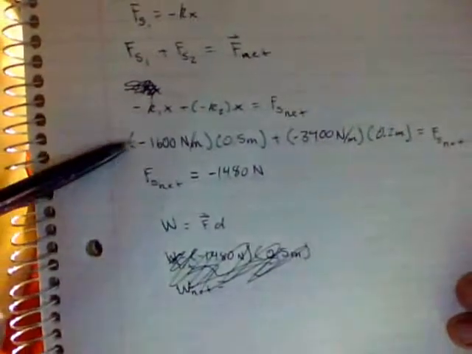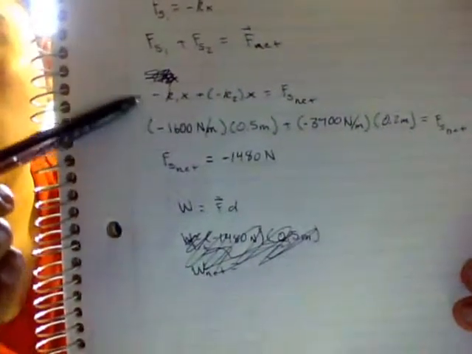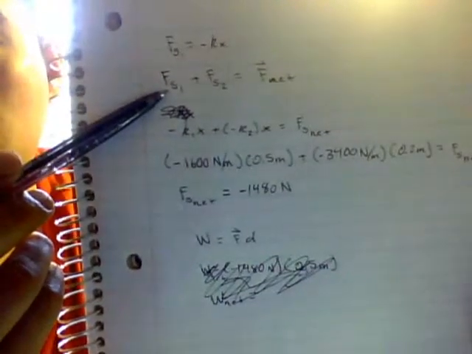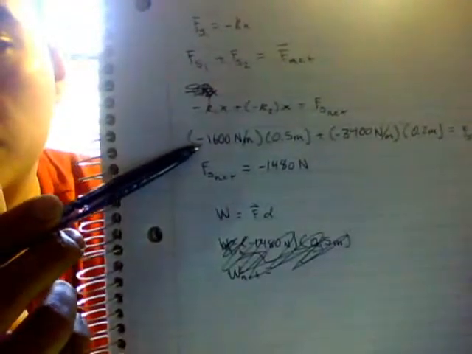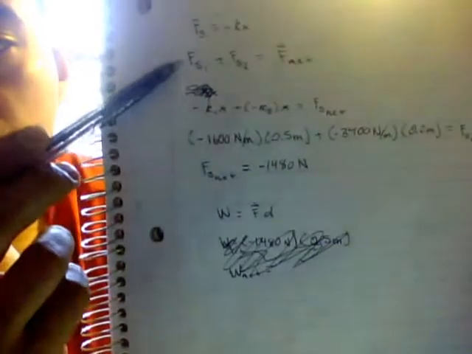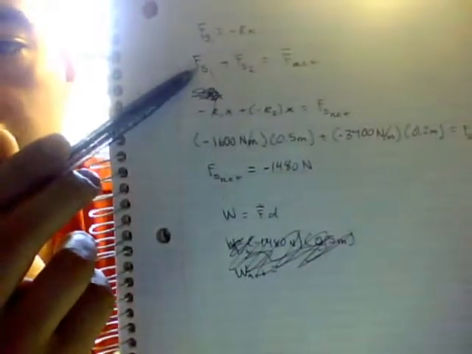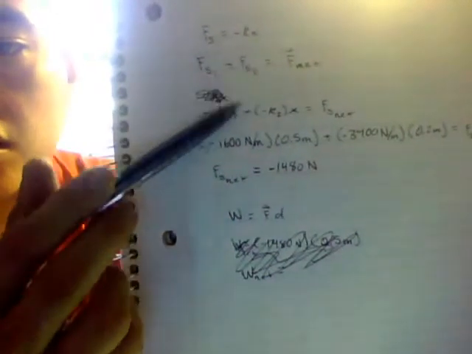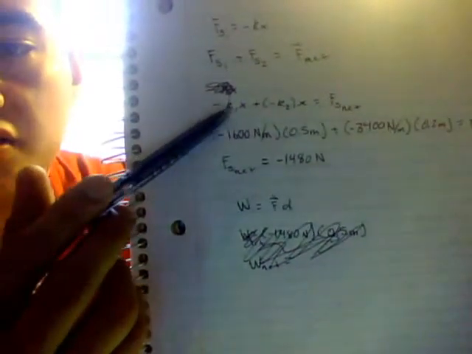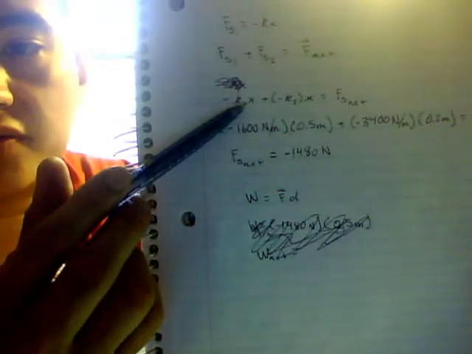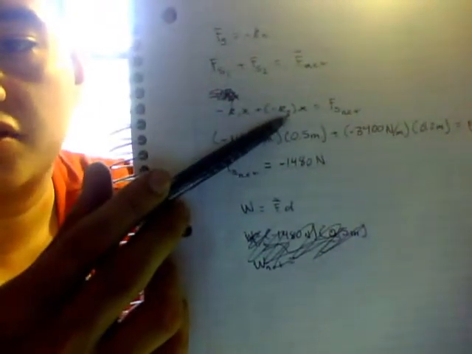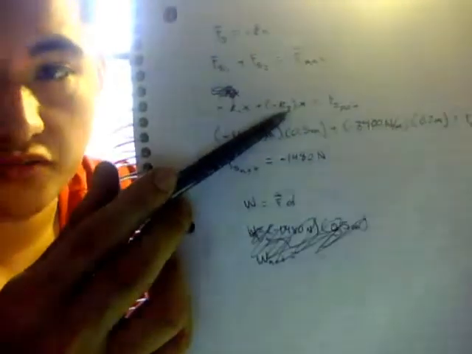Now going back to this equation here, you can know your forces. You're going to know your force of the first spring here, and then your force of the second spring here. So this individual quantity should be the force for the first spring, and this individual quantity should be the force for the second spring.